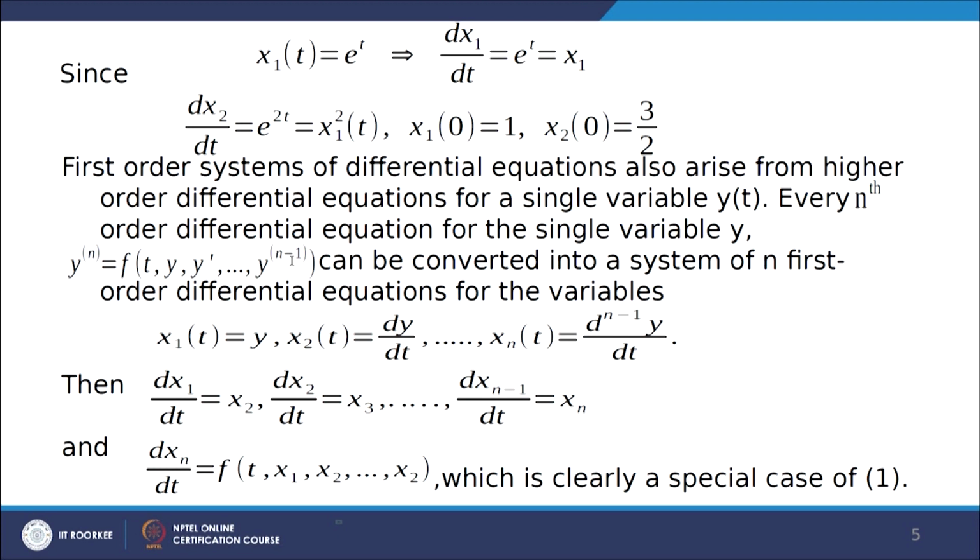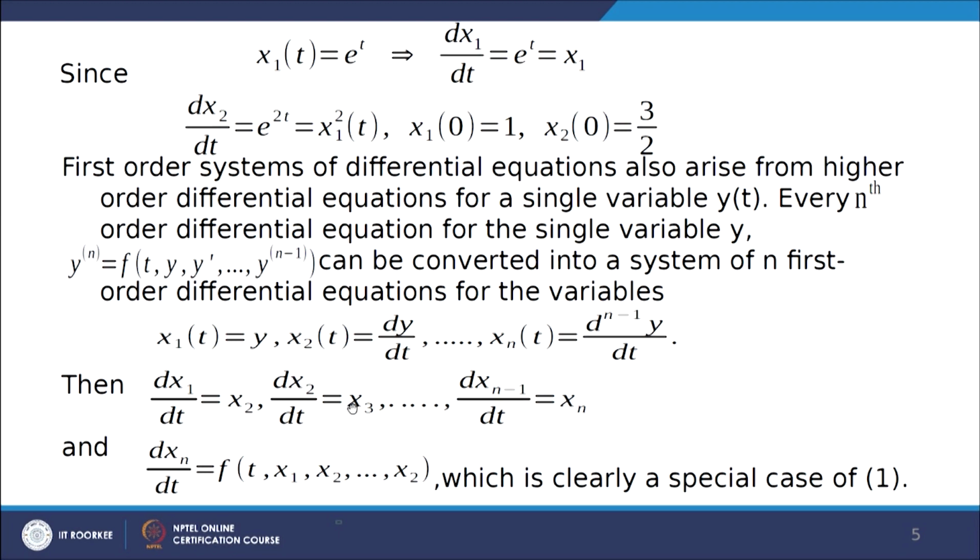So, let us write x1(t) equal to y, x2(t) equal to dy by dt, and so on, xn(t) equal to the n minus 1th derivative of y with respect to t. Then from here we can see that dx1 by dt will be equal to dy by dt, and dy by dt is x2. So, dx1 by dt is equal to x2, dx2 by dt will be d square y by dt square, but d square y by dt square is x3.